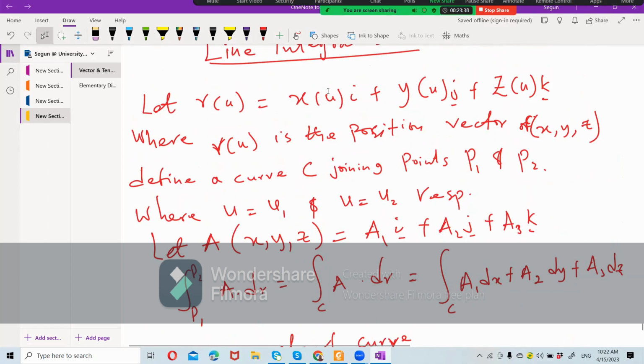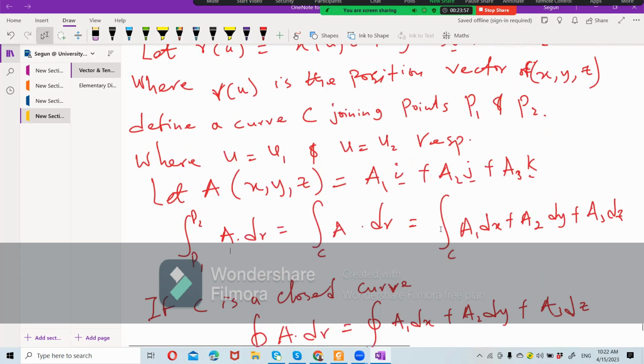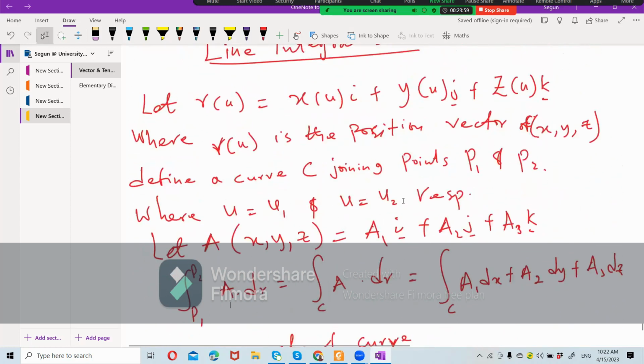So when you differentiate the R, what do you have? You have the x i, the y j, the z k. Then multiply the two together, dot the two together with A.